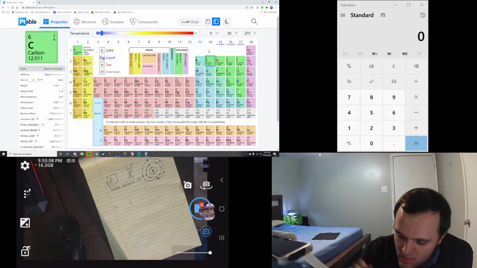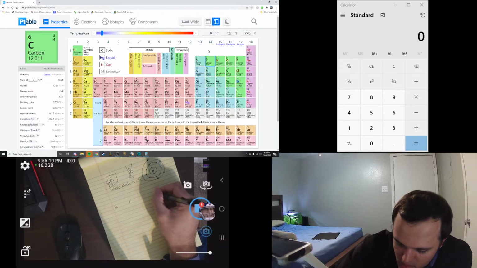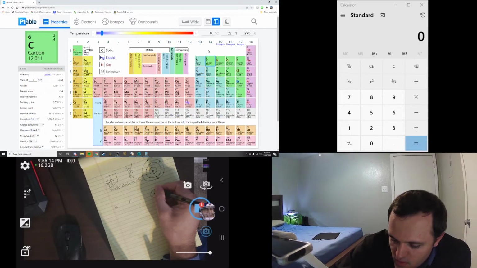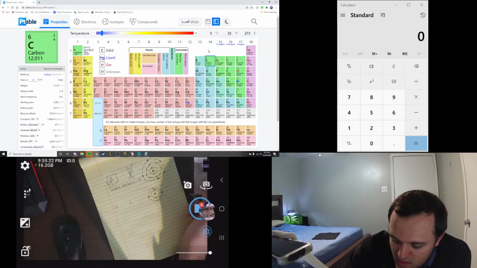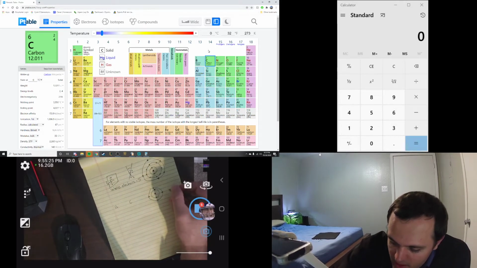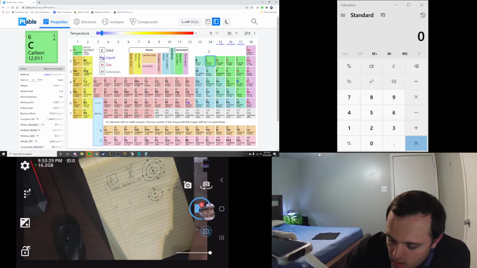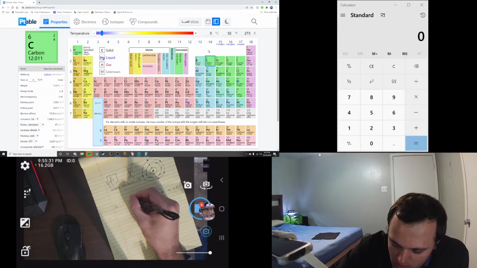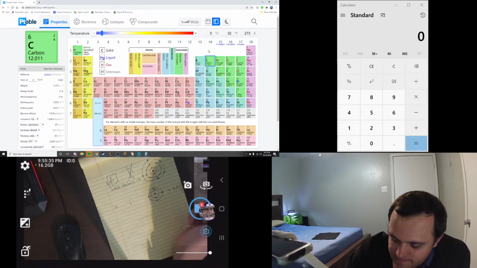It's 6, so it has 6 total electrons. In the first ring, it should have 2. In the second ring, we'll put the remainder, the other 4, for a total of 6. So carbon has 4 valence electrons, which means that its electron dot diagram would look something like that.